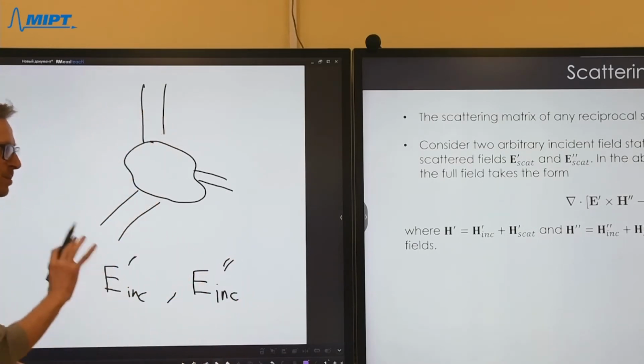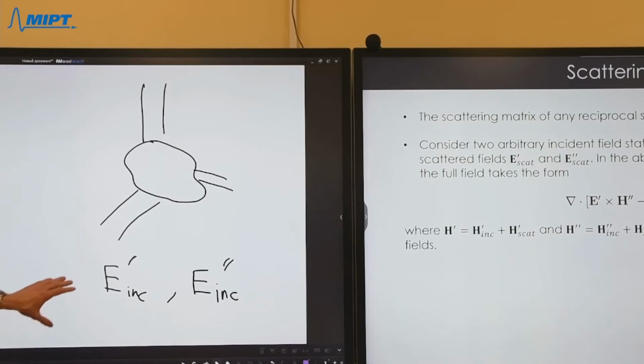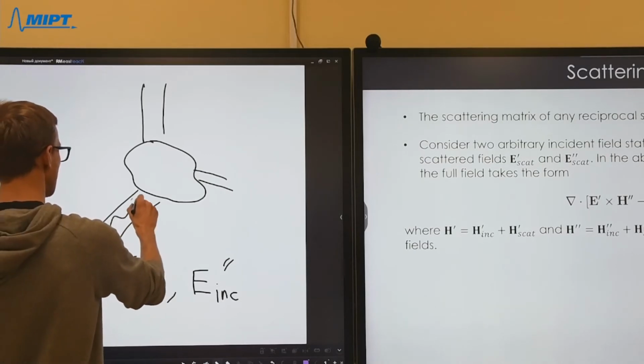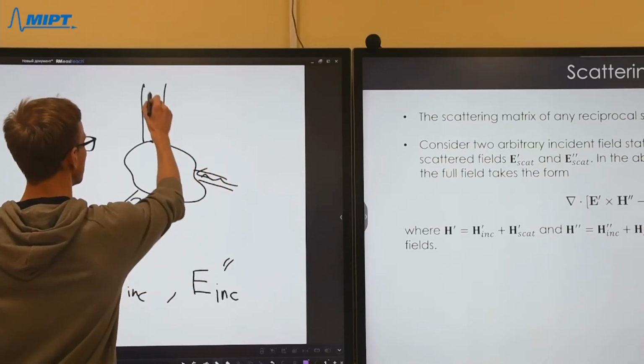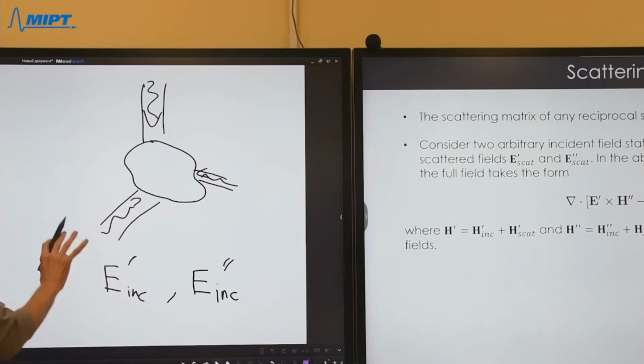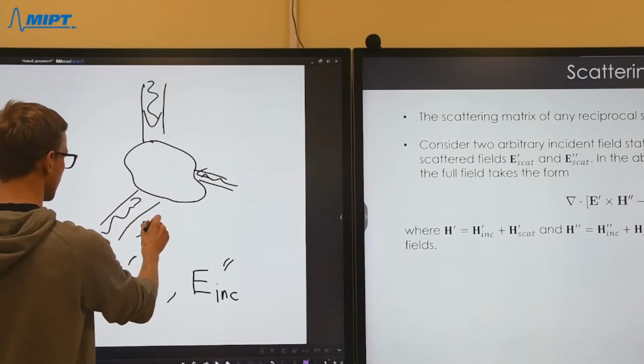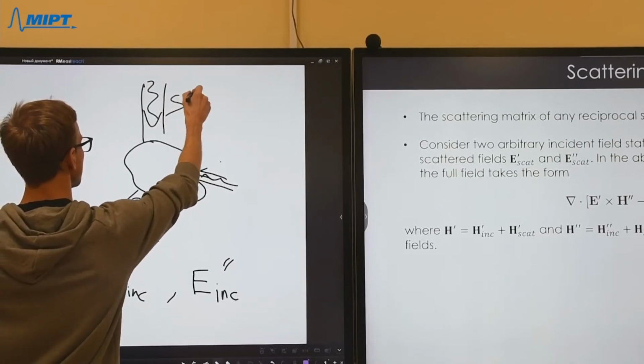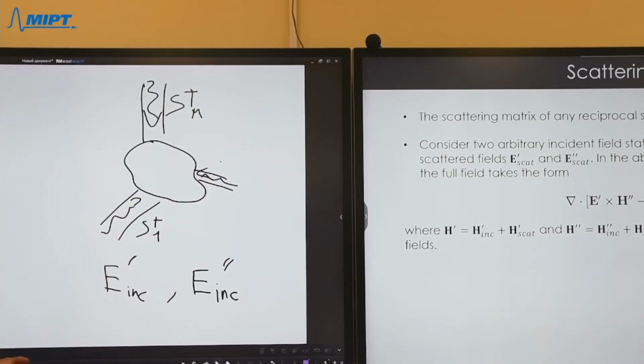These two fields are completely arbitrary and completely independent. This is one thought experiment and this is completely another thought experiment. So we simply illuminate this system with some combination of incident fields whose amplitudes S plus 1, etc., S plus m, we choose absolutely arbitrary, okay?